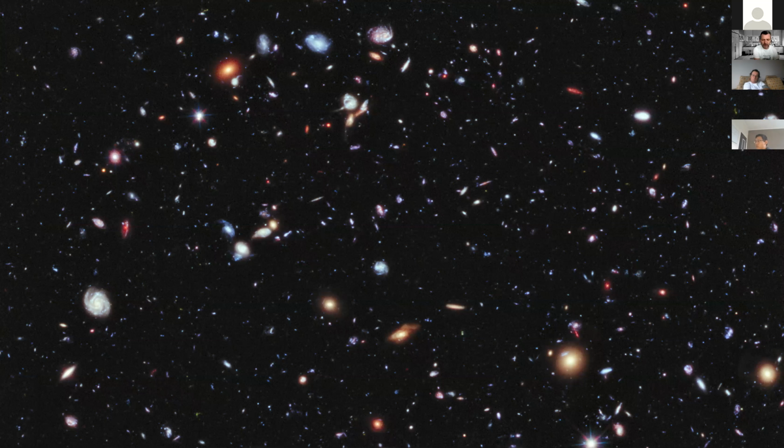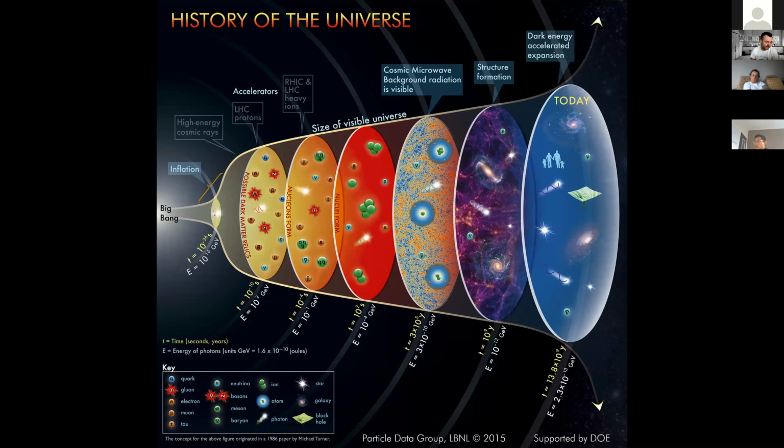Cosmology has been one of the great successes of the last 100, 150 years. This is the kind of picture you get if you pick up a textbook and you ask about the evolutionary history of the universe. This is the kind of picture that we now have. The universe was born roughly 14 billion years ago in an event called the Big Bang.